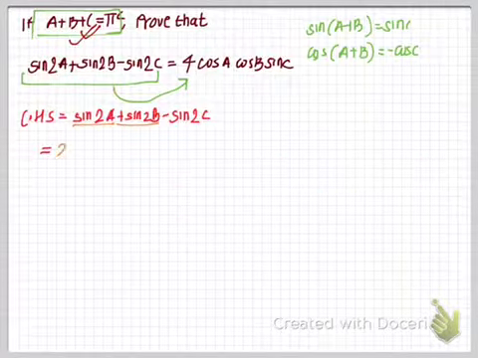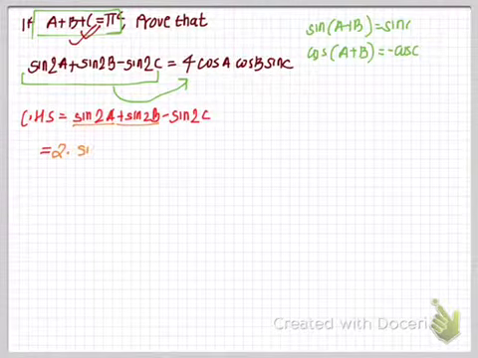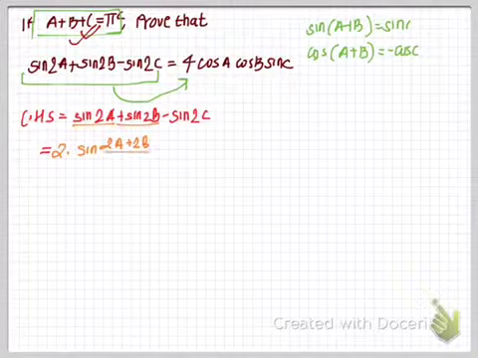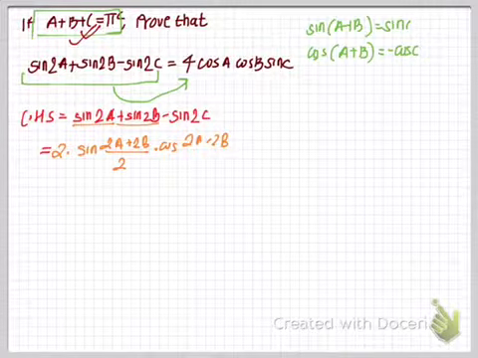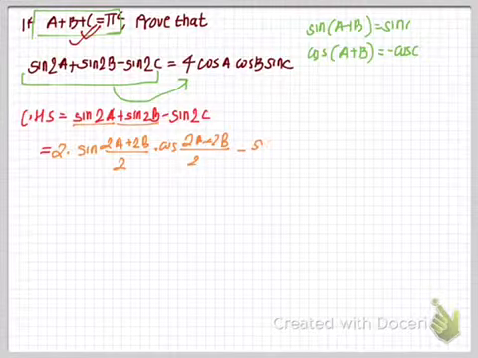So let me apply the same formula here. Sine C plus D by 2 is (2A plus 2B) divided by 2 dot cos of (2A minus 2B) divided by 2, minus sine 2C.